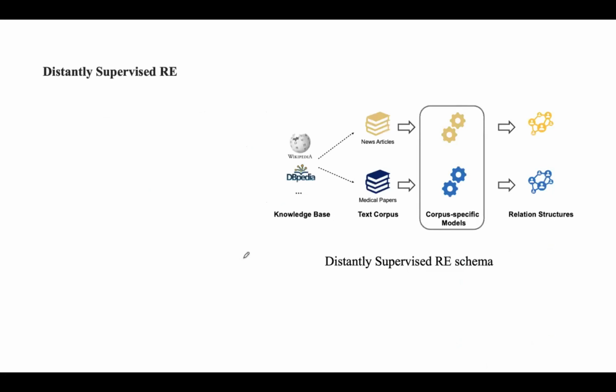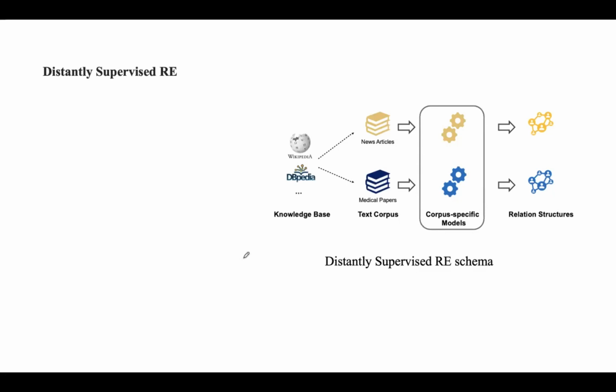The next method is distantly supervised relation extraction. Here we combine the idea of using seed data. Seed data is used in weakly supervised relation extraction, which we saw before. We can combine seed data with training a classifier, the method which we used in supervised relation extraction.